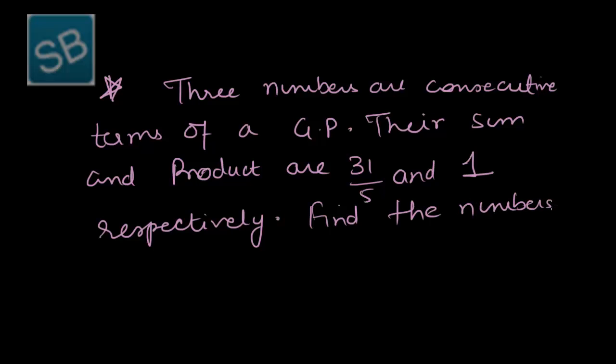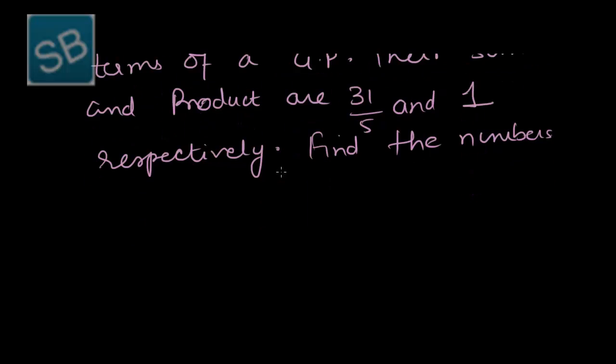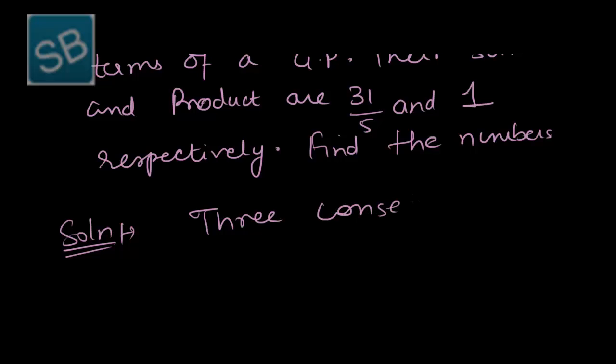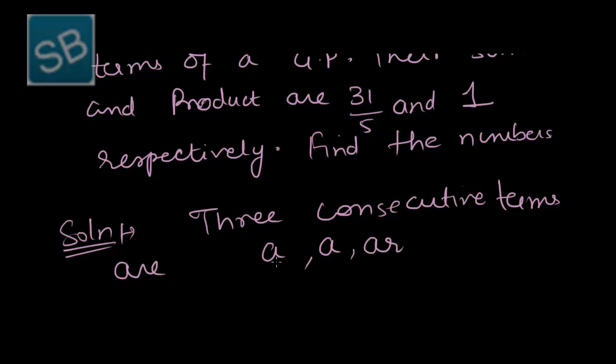So first of all, we have to assume 3 consecutive terms of geometric progression. So the 3 consecutive terms are a over r, a, and a into r: the succeeding term multiplied by r, the preceding term divided by r.